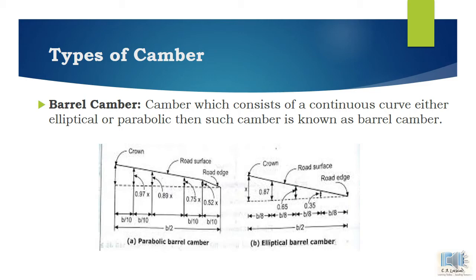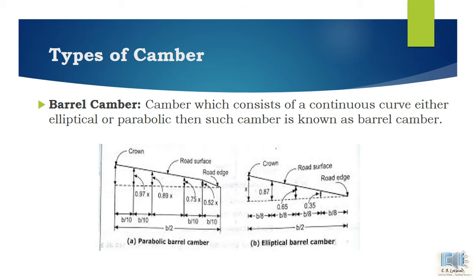This is the crown, this portion is called the road surface, and this corner is the road edge. This total distance is B by 2. This shape of camber is called parabolic barrel camber, and the second is elliptical barrel camber.